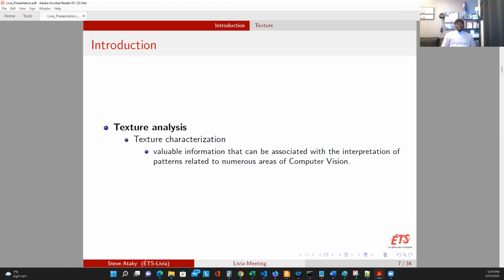Different existing types of textures may restrain the characterization process, as well as the development of methods robust enough when both are present in an image.